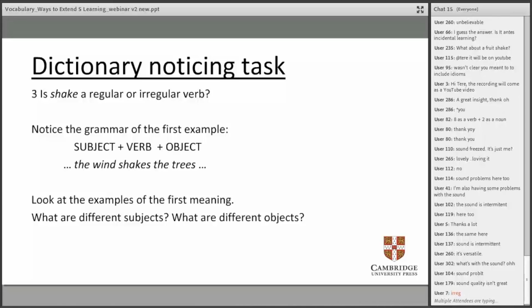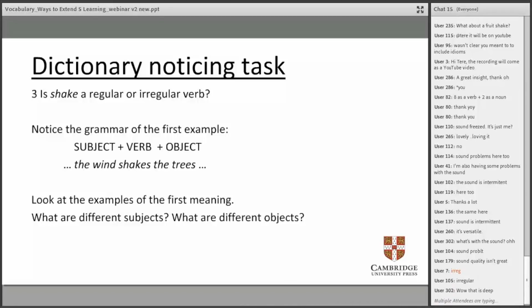Then I got them to notice this grammar pattern, the wind shakes the trees. So I got them to look at the entry. There were more examples in the online entry. I got them to identify what other subjects there were, not the wind, and what other objects there were, not the trees.